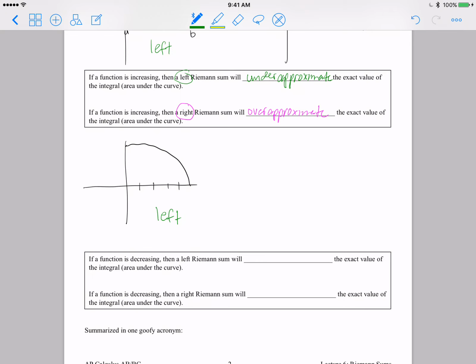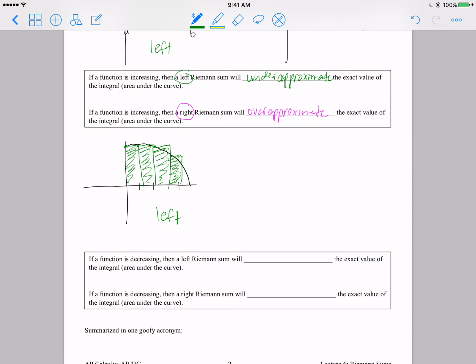Then I'm going to take the left endpoint. So the left endpoint of the first subinterval is there. The left endpoint for that subinterval is there. The left endpoint here is there. And then here to here. And so hopefully what you notice is that, again, I am over-approximating the area under my black curve.